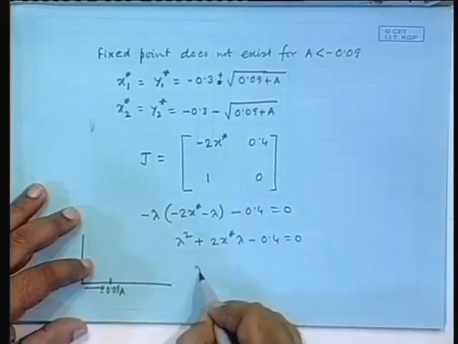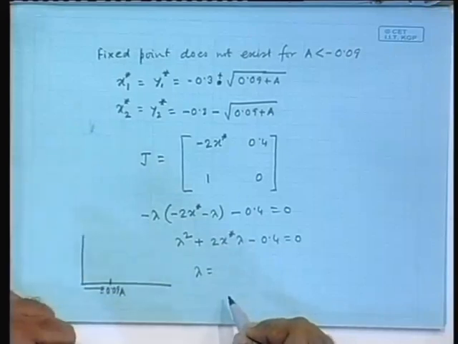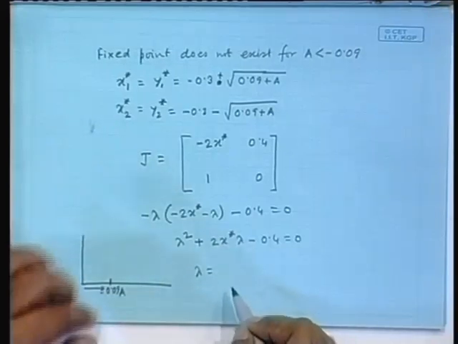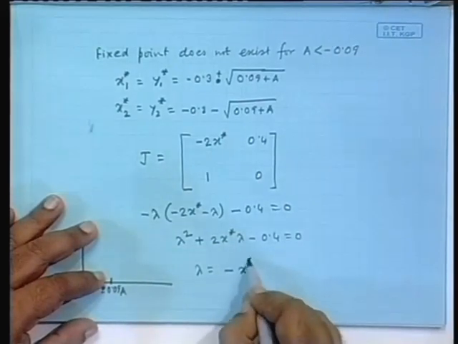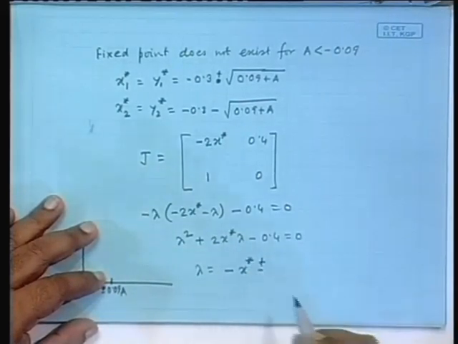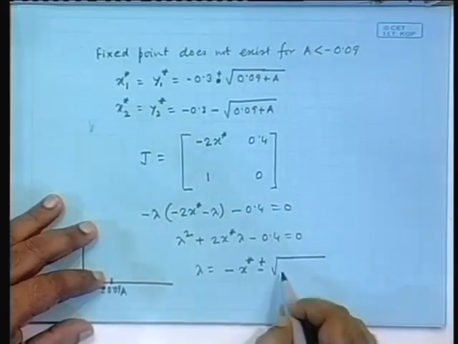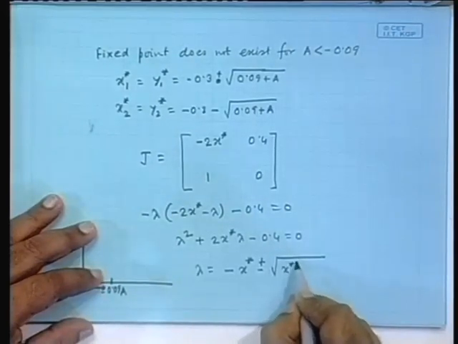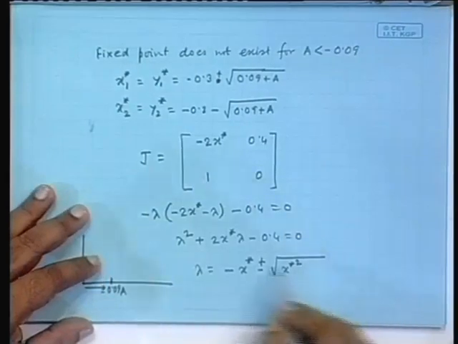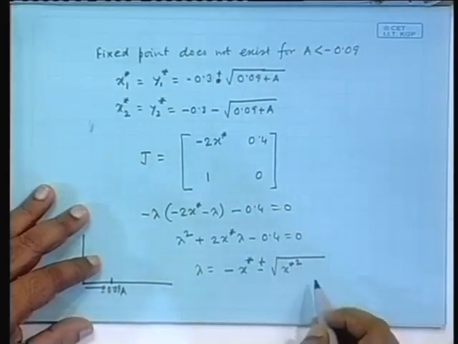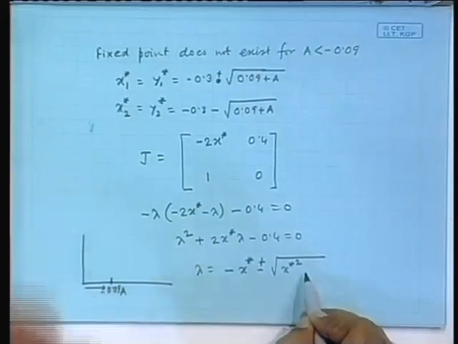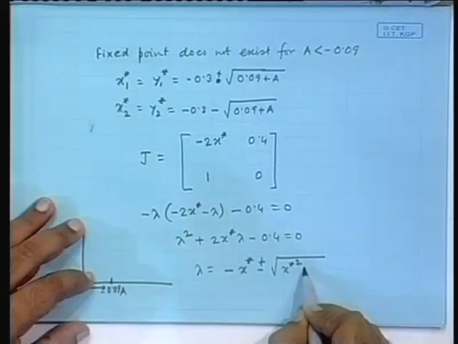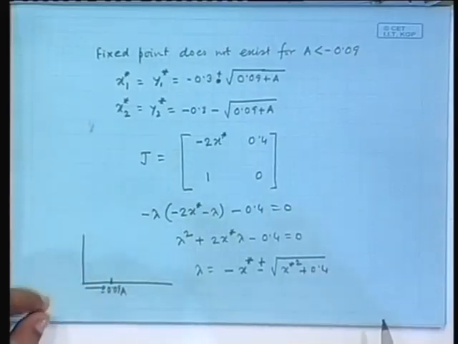So, you have lambda equal to minus x star plus minus root over x star squared plus 0.4.